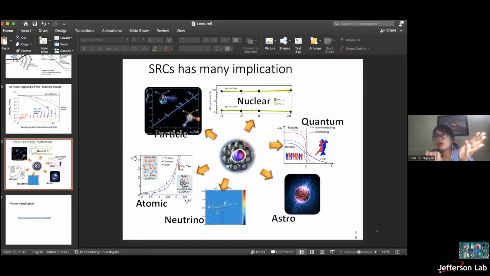And if that input changes, it will affect all other calculations as well. But how big is the effect? We need to do more study and see, if I add that effect in, how much it will change the output of the neutron star calculation, the neutron star study. Yep. I hope it helps you. Yeah, thanks.